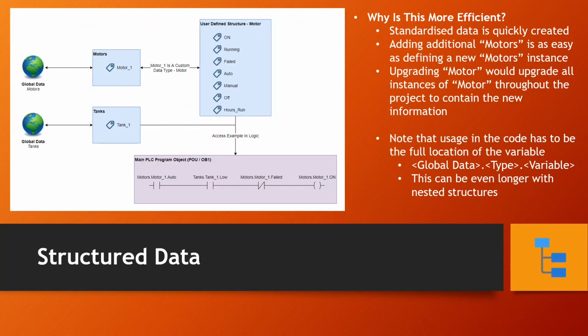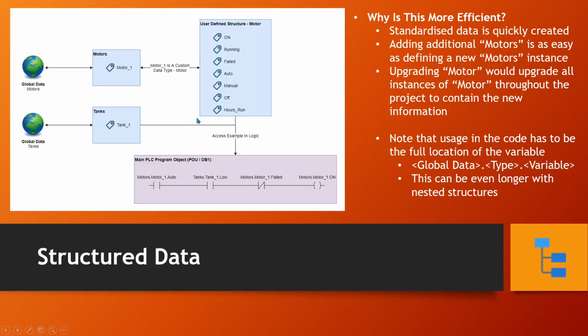So let's have a look at a structured example. In this example here, it's quite simply made up of two global data lists, or data blocks if you're from Siemens. And inside these I have a variable called motor1 in the global data motors, and a variable called tank1 in the global data tanks.